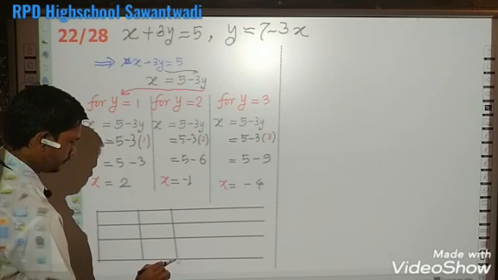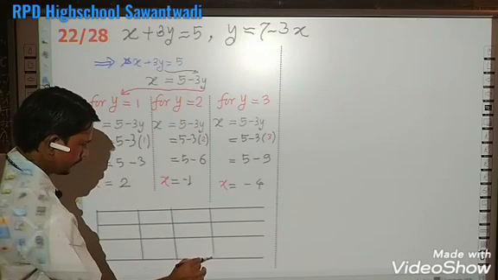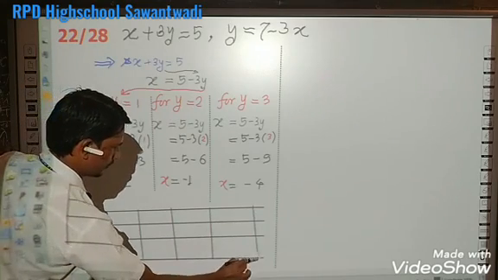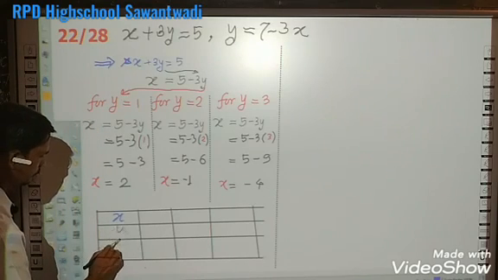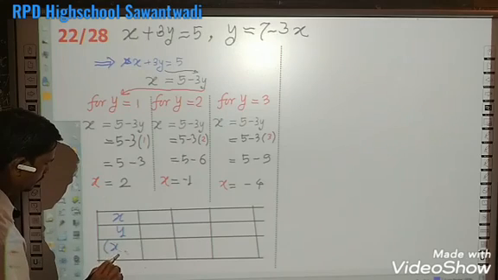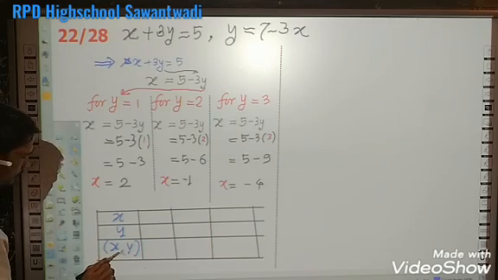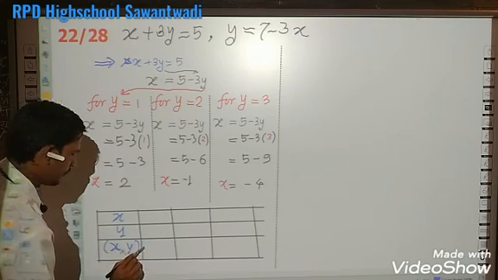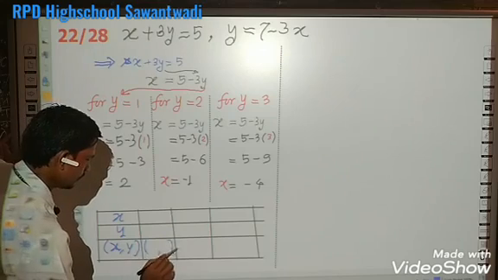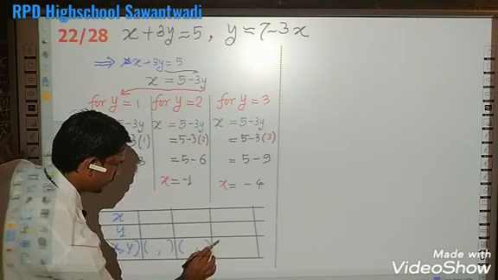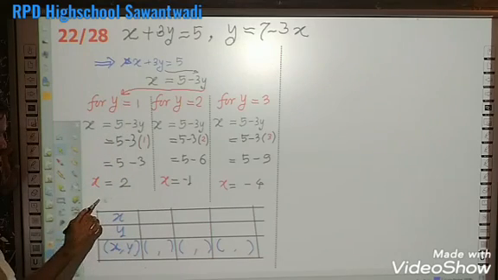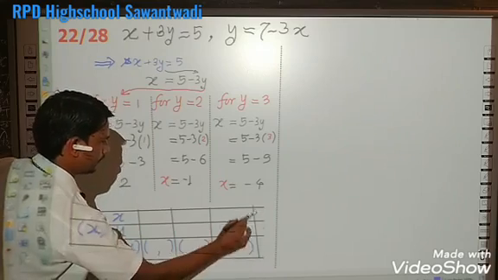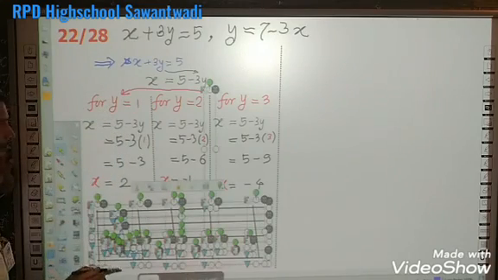First value, second value, third value. This is x, y, and in bracket x comma y. Here also, the same way, dot dot comma dot dot. Here also the blank format will be like this. I'll keep this format ready for my further preparation.